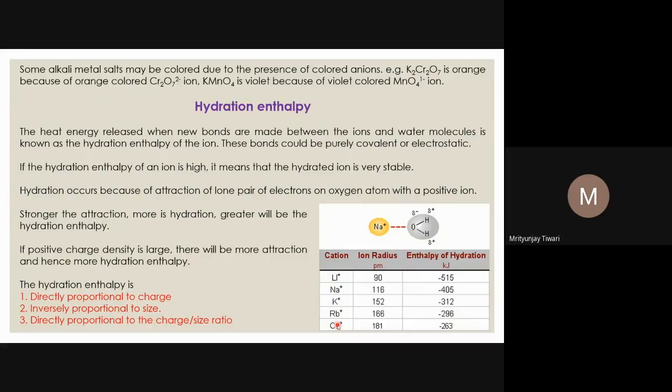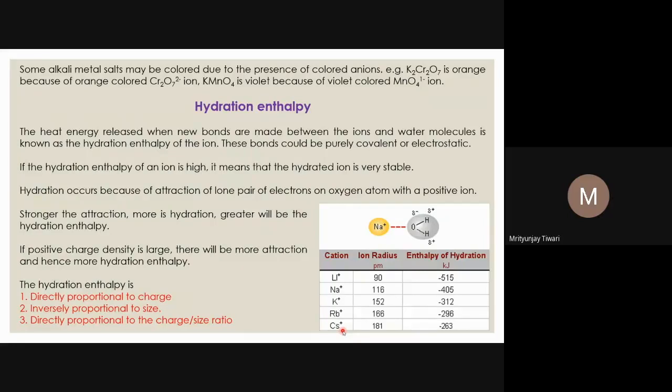In another way, if you look from the lithium cation to the cesium cation, the effective nuclear charge will also decrease because the size of the cation is large. So the effect of the nucleus will be least on the outermost shell of that ion, where the negative pole of a water molecule will come and interact.